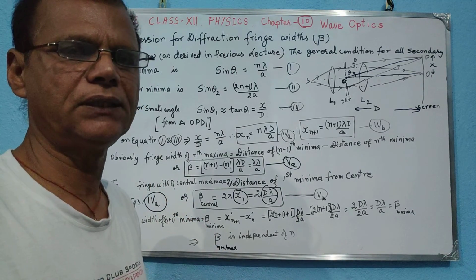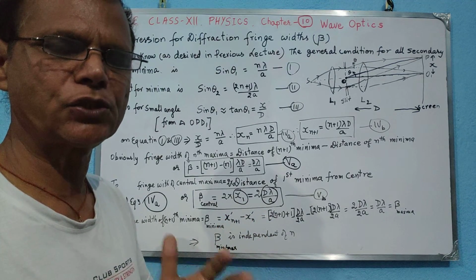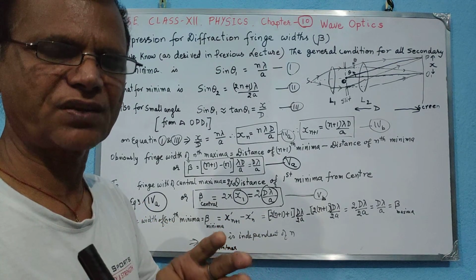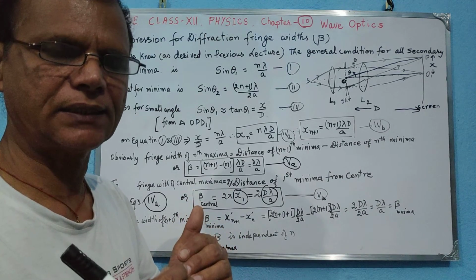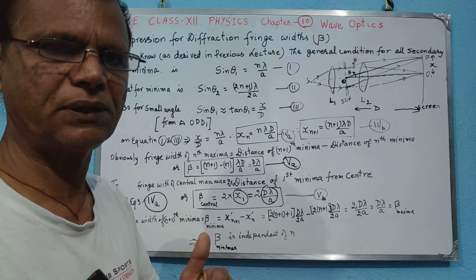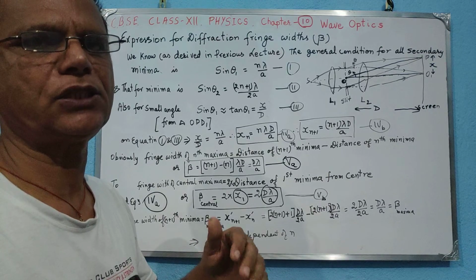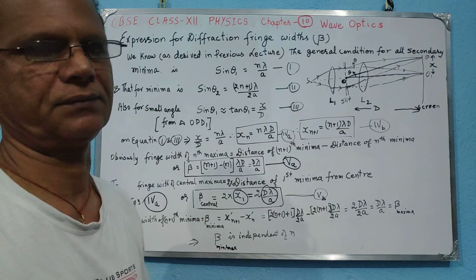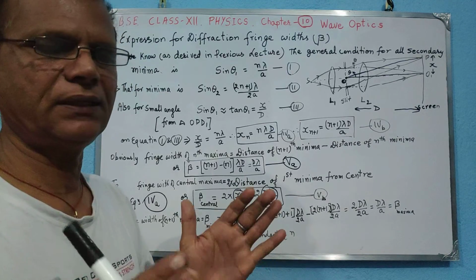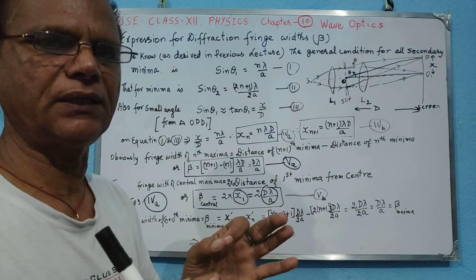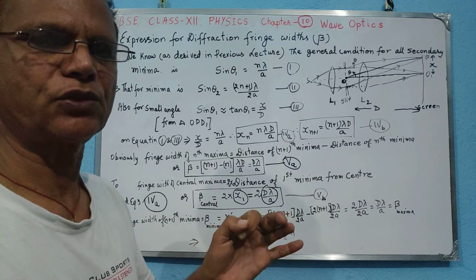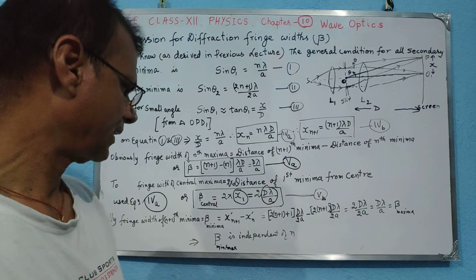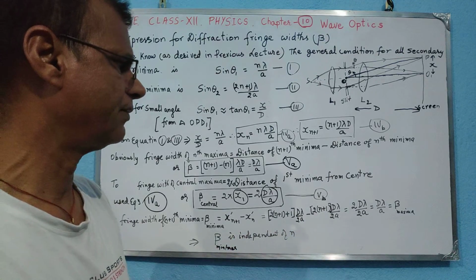So what we do is find the difference between the distance of the nth maxima and the distance of the n plus 1th maxima from the center, and that will give the thickness of the n plus 1th minima, and that is how we have found it.